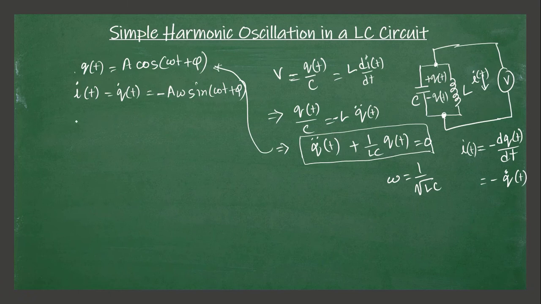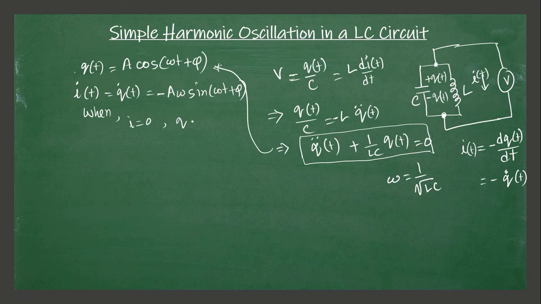From this equation, when I is equal to 0, what do we have for Q? Well, I is 0 means sine is 0, and sine 0 means cosine is 1, or we can have minus 1 as well.